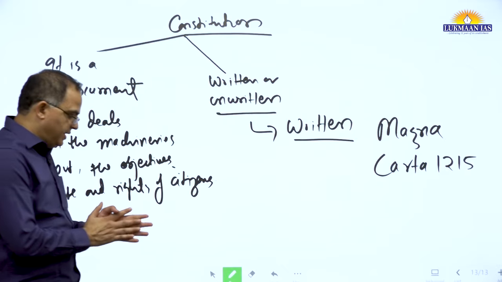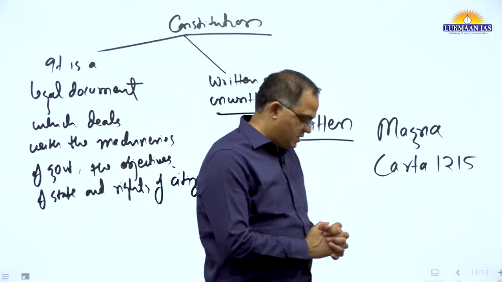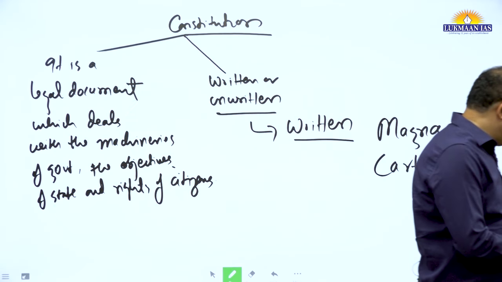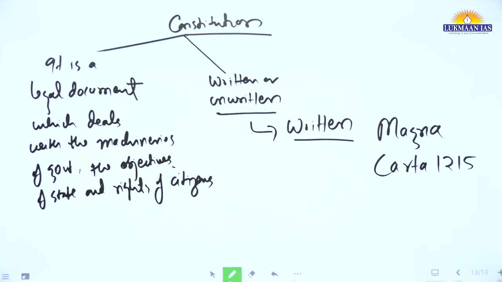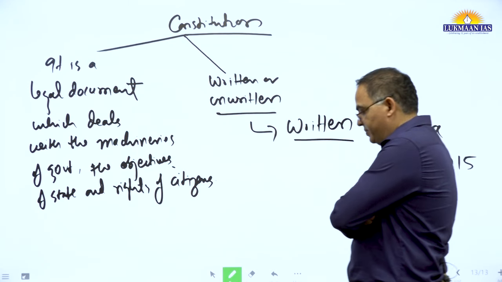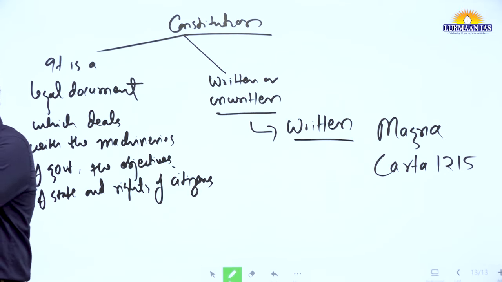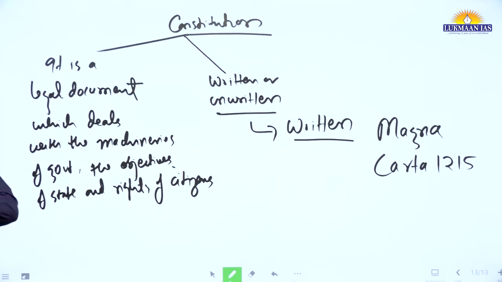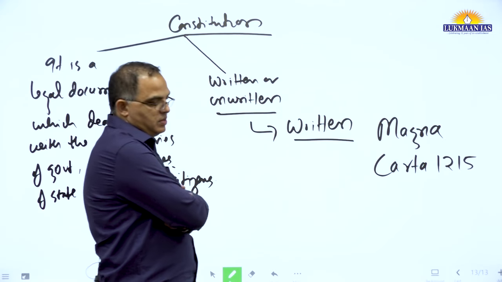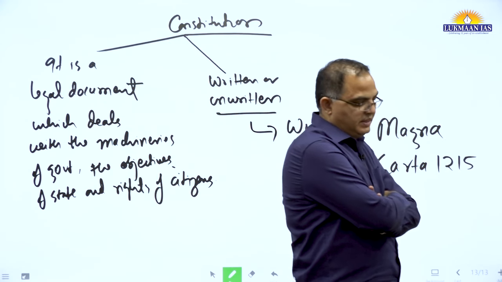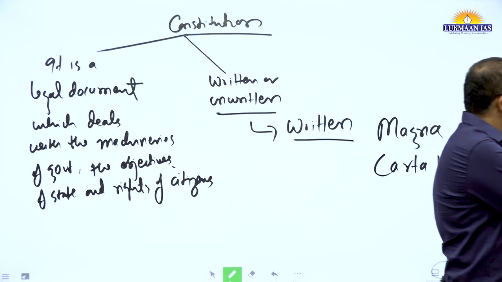In the written one, there is a deliberate attempt to adopt a constitution. Hence, it is written and adopted.